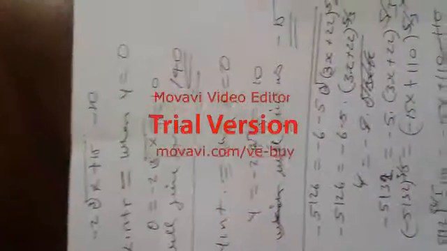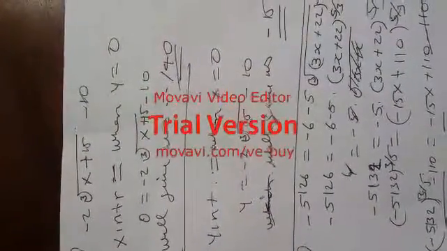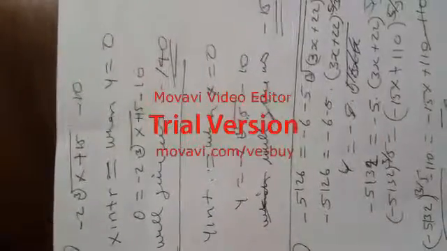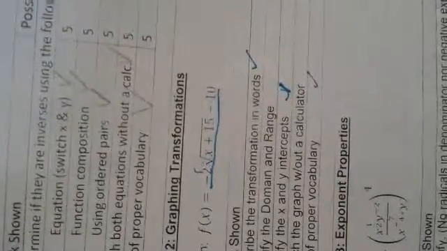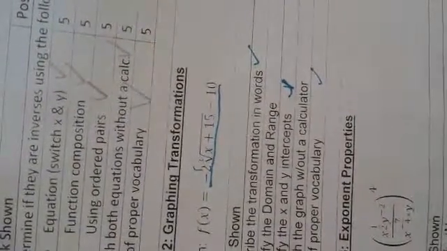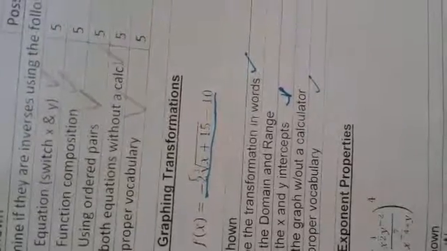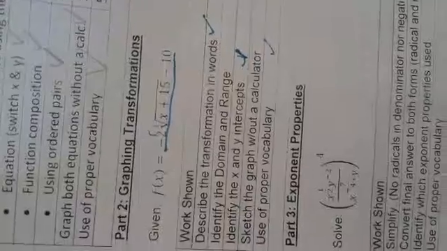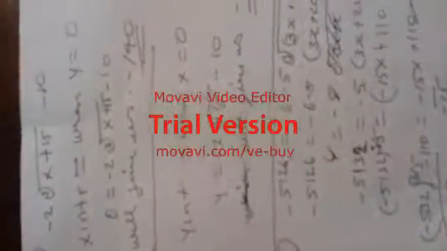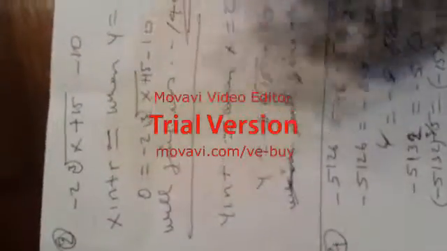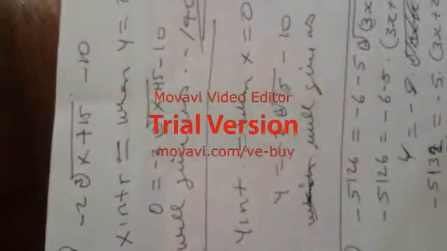So we have already described the transformation of the given equation f of x. Let's focus in on there. f of x is equal to -2 cube root of x plus 15, minus 10. And now we are going to determine the x and y intercepts by filling in 0 for the x and y as needed to find each intercept.